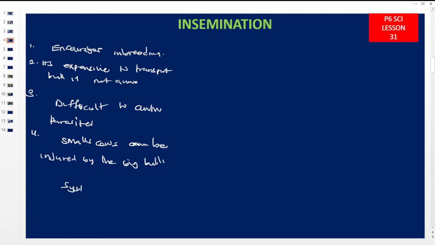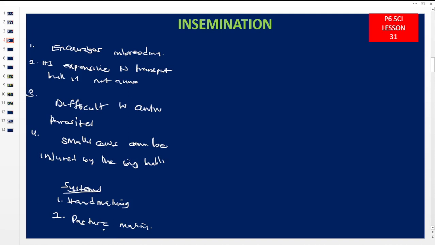Then this natural insemination has two systems. One, there is what we call hand mating, and two, there is what we call pasture mating. Pasture mating is just done by the bulls. When you take the animals to graze, the bulls, as they are grazing, are monitoring the cows. Then they just serve the cows by themselves.